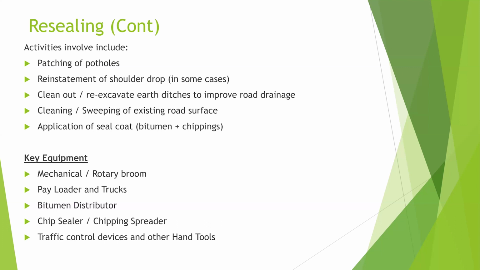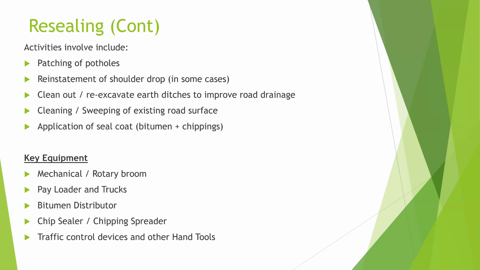Since drainage or water is the worst enemy of roads, you have to make sure that the drainage systems work. If you have lined drains, you need to clean them. If you have earth ditches, you need to clean out the earth ditches to improve the road drainage. And then you apply the seal coat, which is just the bitumen plus the chippings that you use.